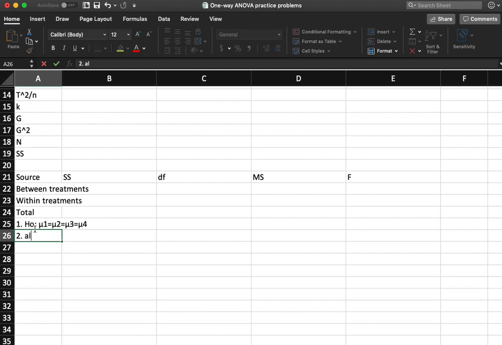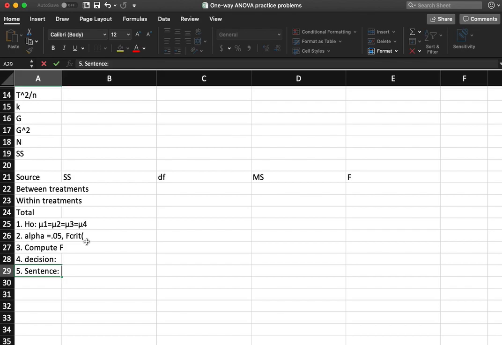Step 2 is to state our alpha. We're going to use 0.05. And we'll need an F crit, but in order to do that, we need our degrees of freedom. I'm going to put a pin in that. Compute F. And the last step is to make a decision, and then we'll write our sentence.